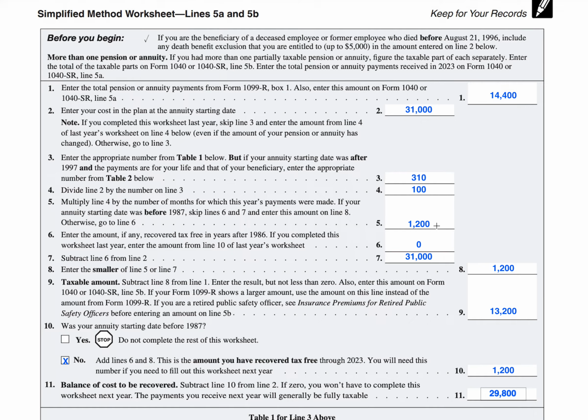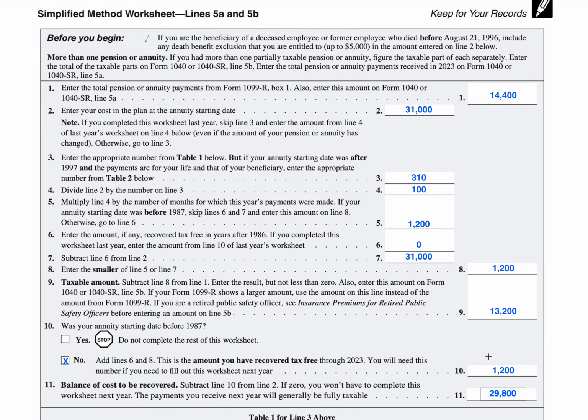Now, this annuity was not started before 1987, but if it were, then you would enter this amount on line 8. We're going to go to line 6 to see if there were any amounts that were recovered tax-free after 1986. Since this is the first year of the annuity, there's nothing to go back to last year's worksheet for.